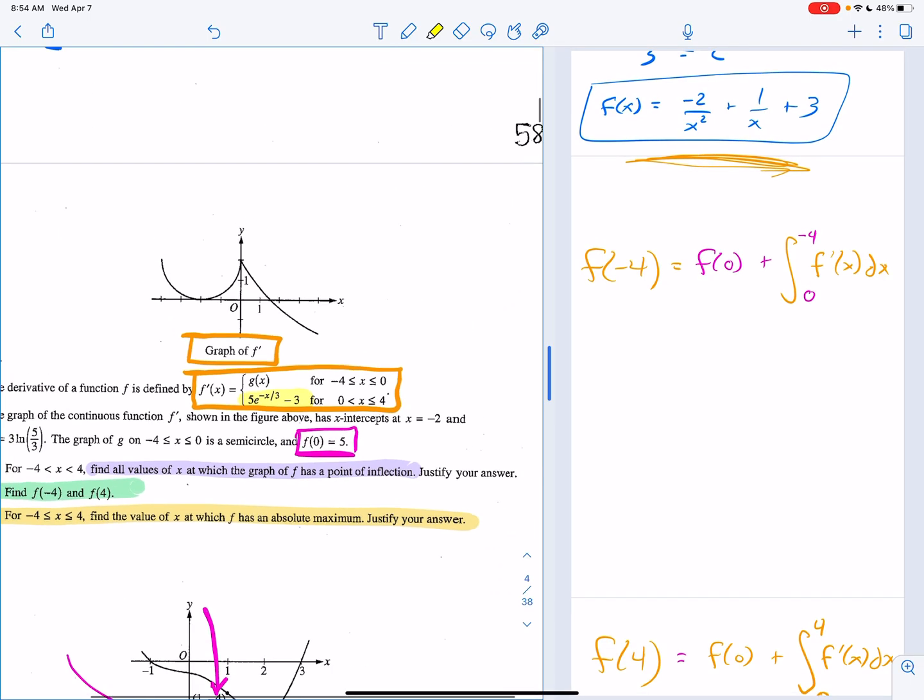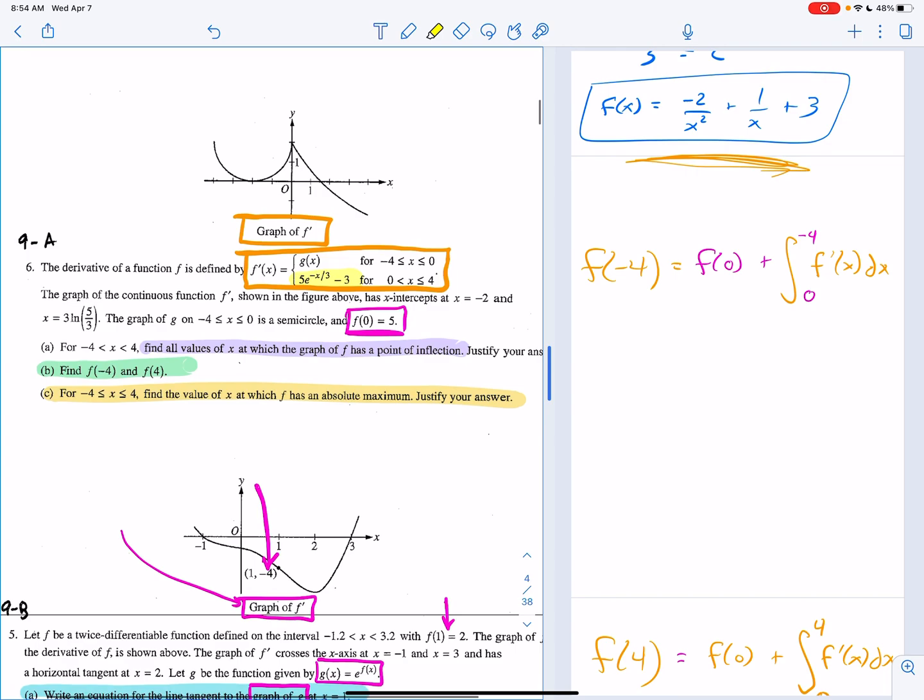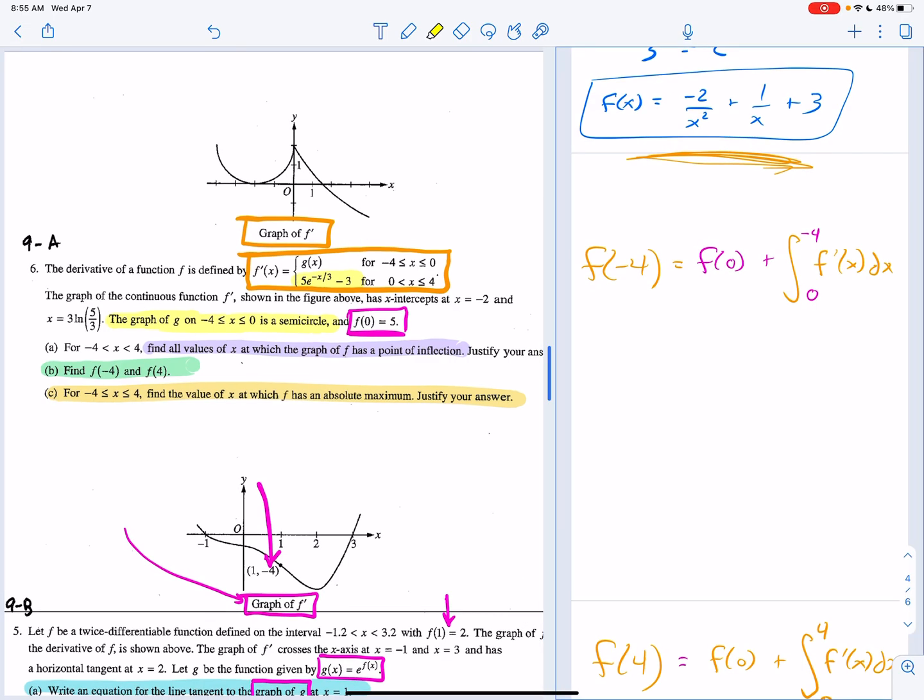So if you read, g of x is a semicircle. Right here, you see the semicircle? So, semicircle is a common shape in geometry that we can easily find the area of. This one here takes a little bit of thought.